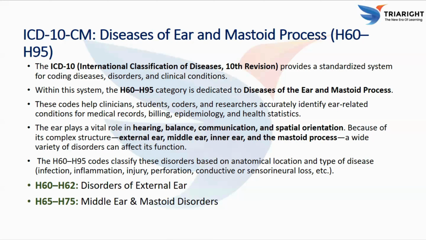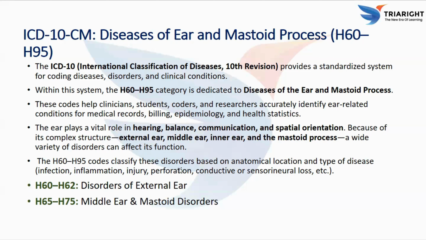These codes are arranged based upon anatomical location like the external ear, middle ear, mastoid, inner ear and also the auditory and vestibular nerves. It is also arranged based upon the type of disease, whether infections like otitis externa and otitis media, inflammation, injuries, or mixed hearing loss or conductive hearing loss, etc.